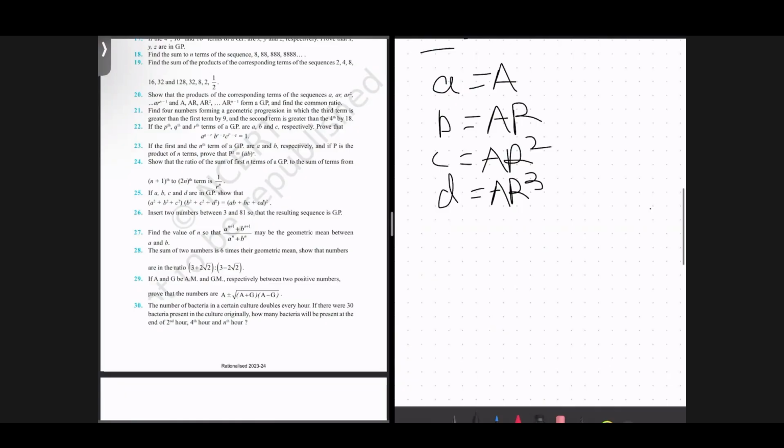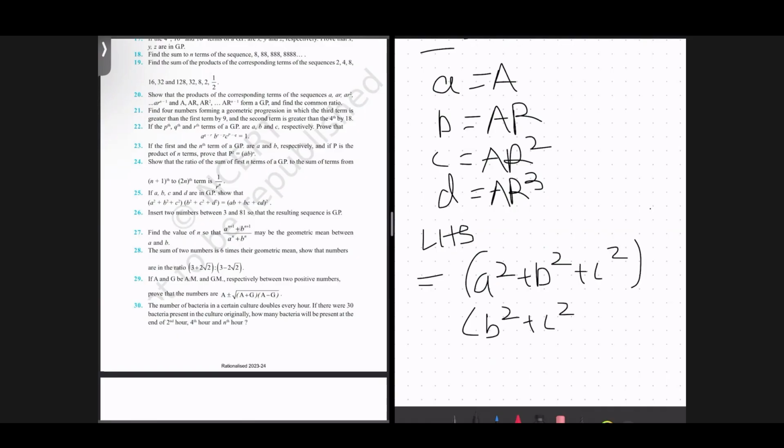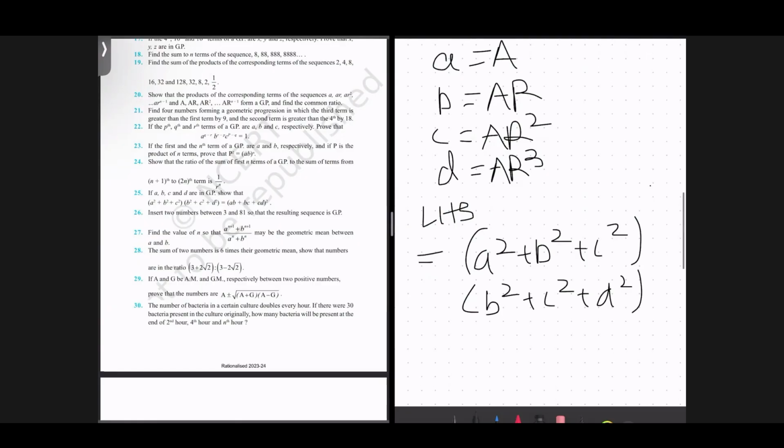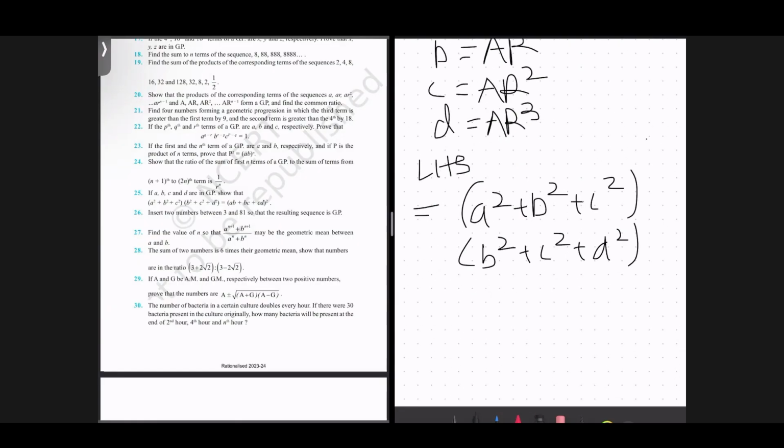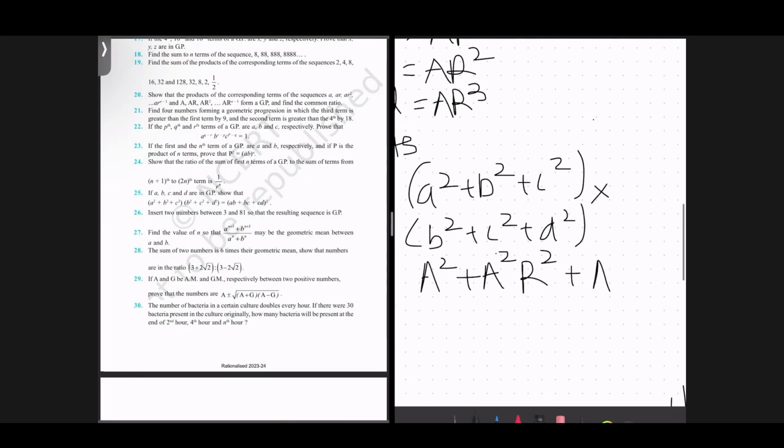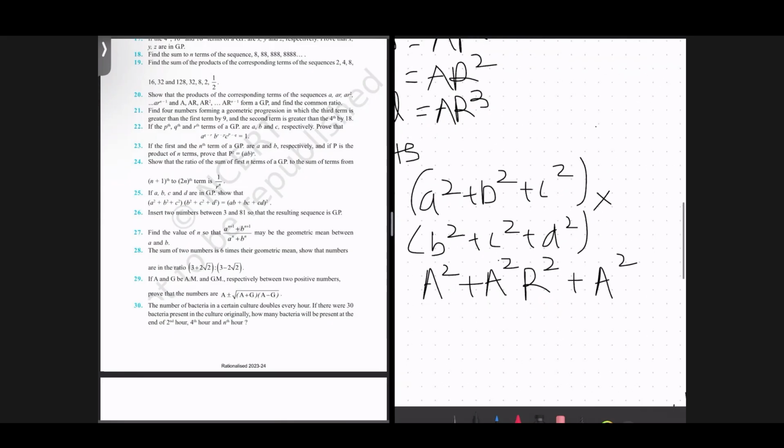When you do that, the LHS would be (A square plus B square plus C square) into (B square plus C square plus D square). Plugging the values of A, B, C, and D from the above, you get A square as capital A square, B square as capital A square R square, plus C square as capital A square R raised to the power 4, right?